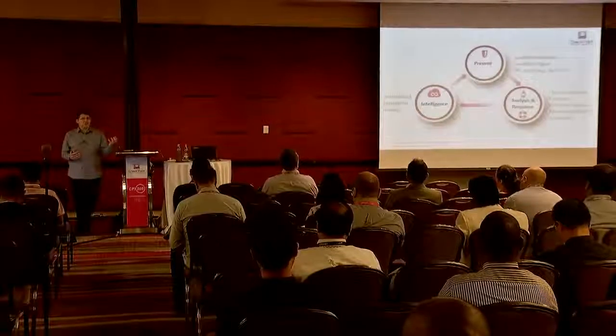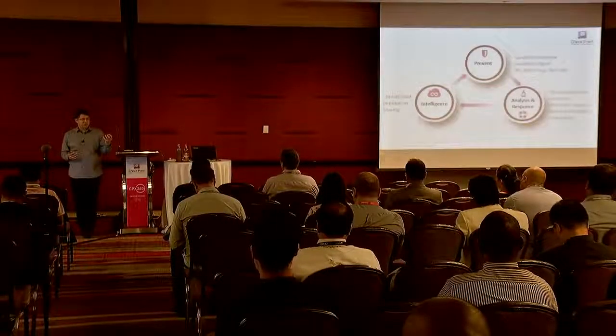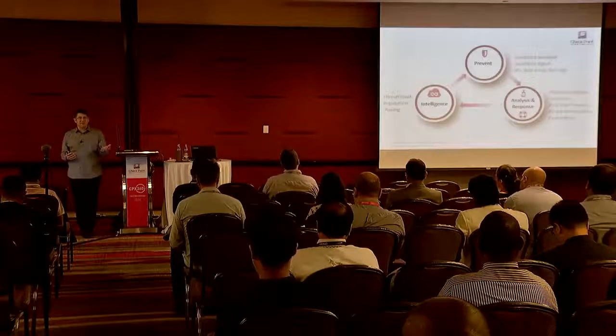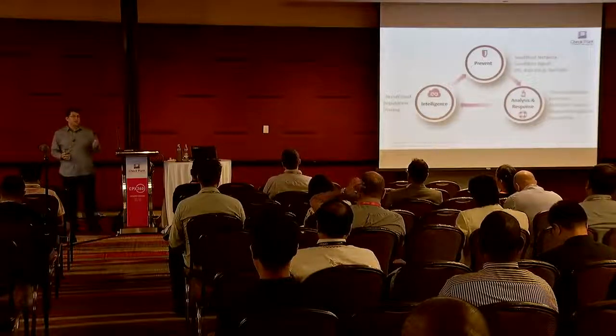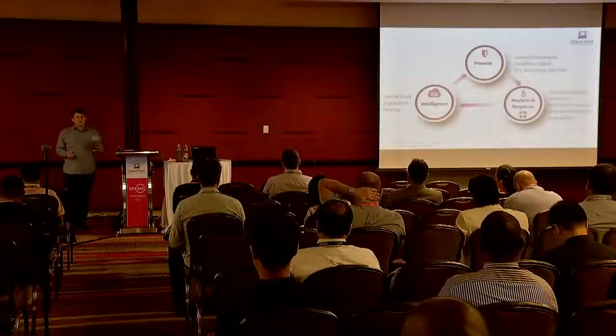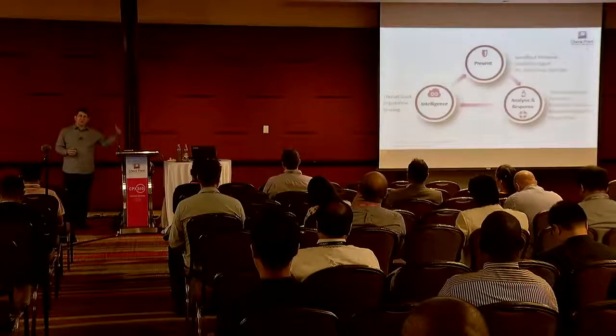Those are particular behaviors that identify specific attacks or specific attack vectors, and then this feeds back to our protection, which enables us, on the next cycle, to prevent the attack at an even earlier stage.